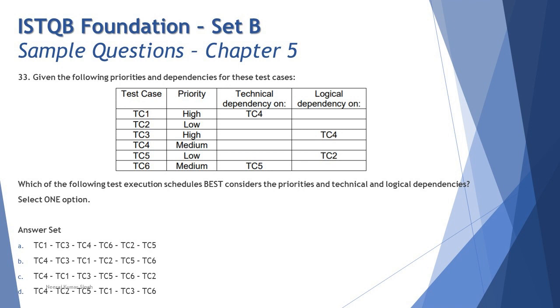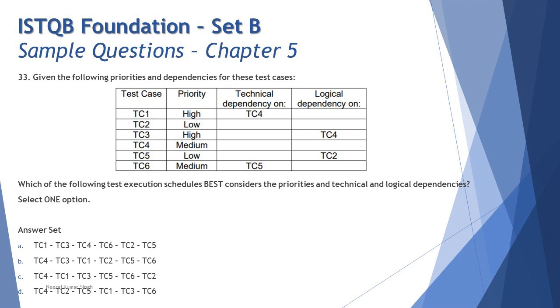So TC2 has to be executed next, then TC5, then TC6. So now if you summarize together, I'll execute TC4, TC1 or TC3 in the second position. So say for example TC4, TC1, TC3, then TC2, then TC5 and TC6.